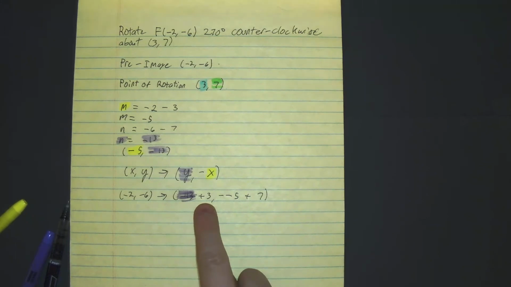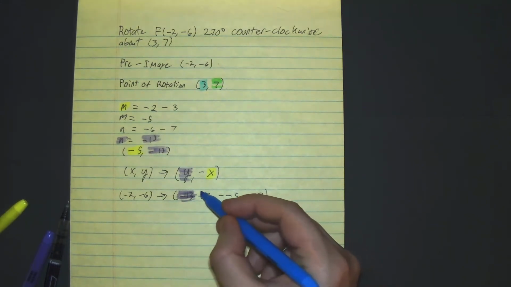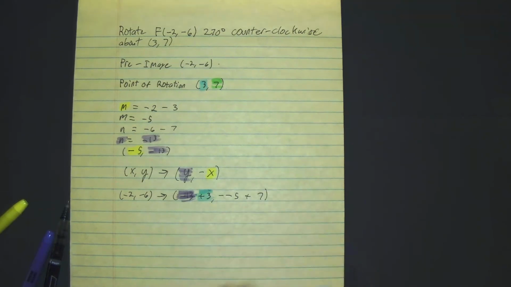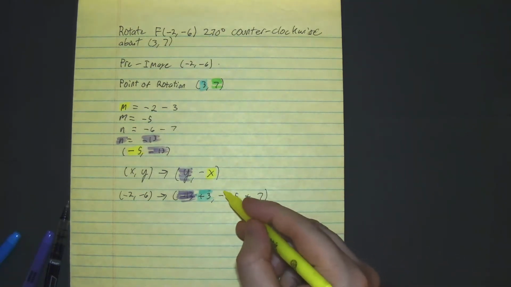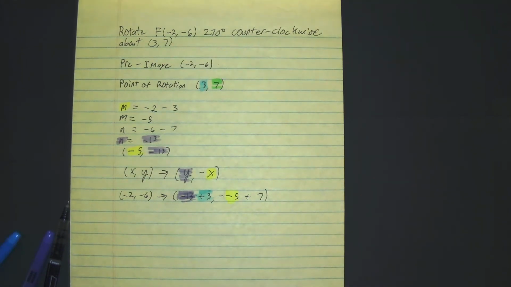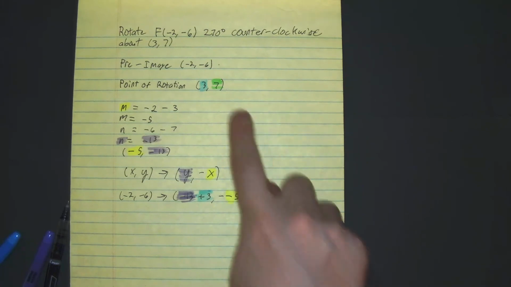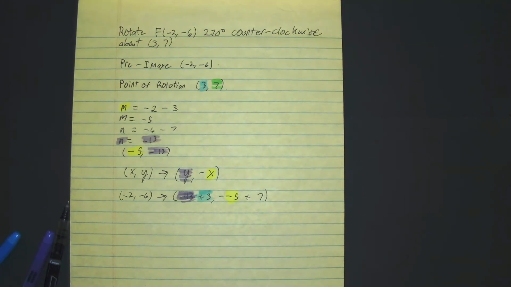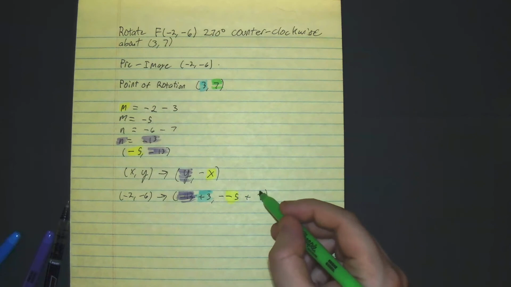Then we have our 3, which is represented by the point of rotation's distance from the origin horizontally. Then we have our M value, which is -5. The negative in front of it is represented by the rotation rule. And lastly, the 7 is represented by the point of rotation's vertical distance from the origin.